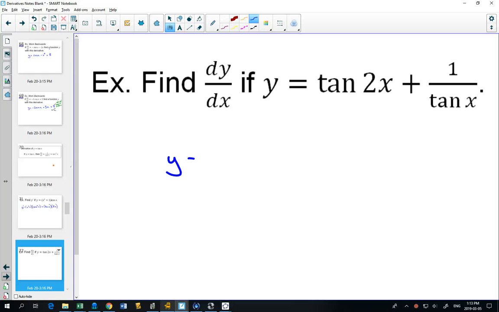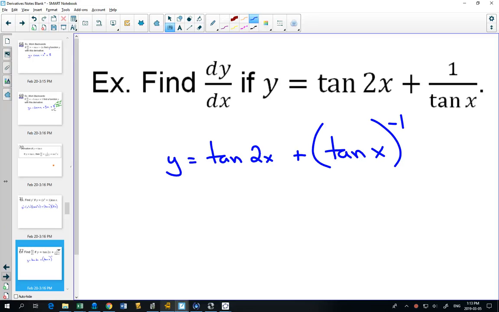I might be tempted to change that to tan x to the negative 1, moving that tan x from the denominator up to the numerator. But then that would be a chain rule as well, because the tan x is inside of a power.